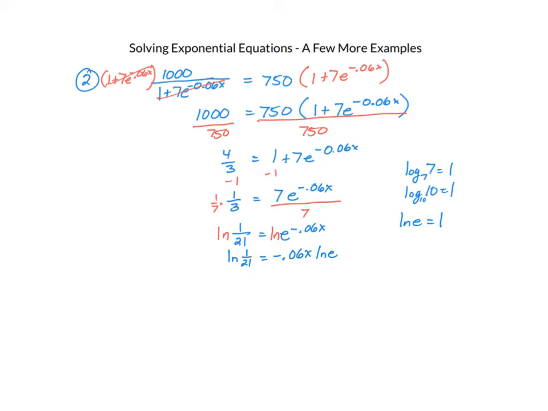So I can rewrite the equation as the natural log of 1 over 21 equals negative 0.06x. And last, I'm going to divide both sides by negative 0.06. And I have the equation in exact form.